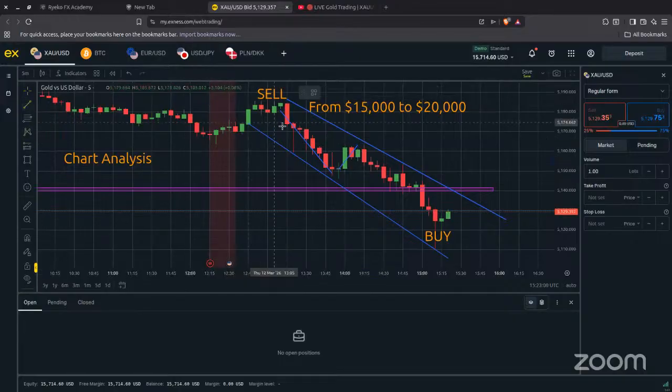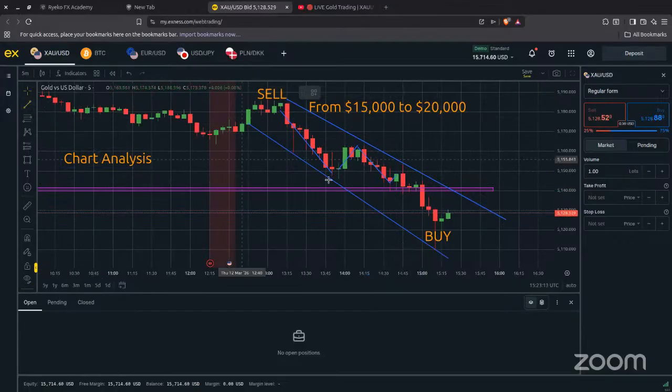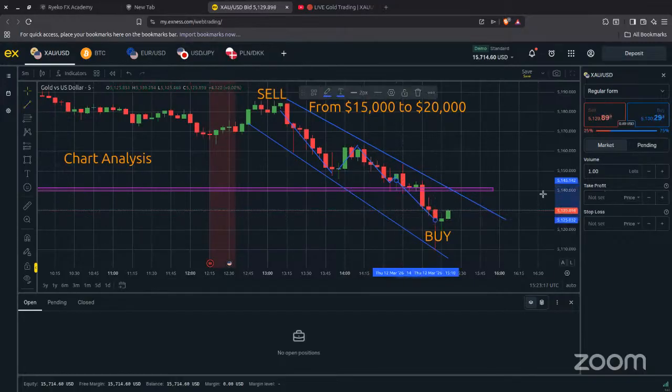I would say it has been mostly down with a little uptrend here, but mainly I see, yeah.